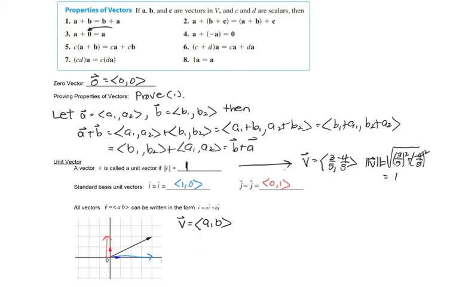This blue vector here is a times i. Because remember, when we multiply a vector by a scalar, it just changes the length by that scalar amount. So if this is i, a times i would be this stretch or shrink in that direction.